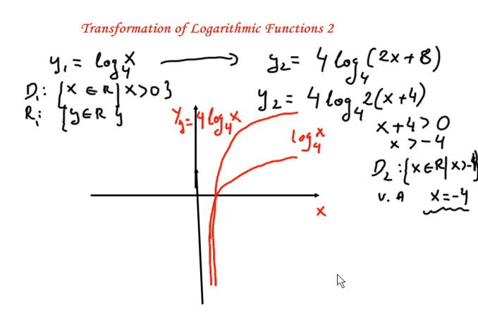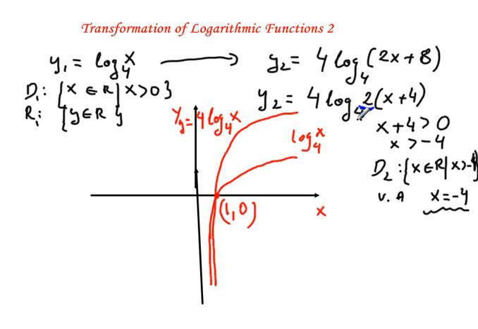Now, the compression factor. So, let us go back. Make sure that we label this point as (1, 0). That's the x-intercept. Compression by factor of 2. So we're talking about this value right here.